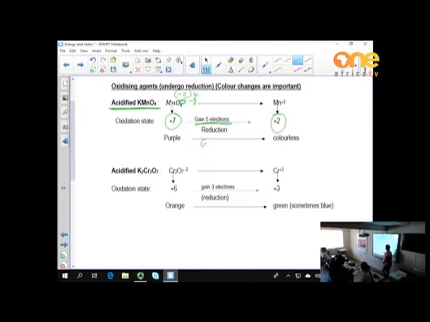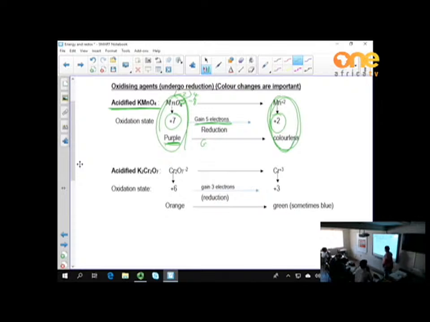The permanganate ion has a purple color, and the reduced manganese ion is colorless in solution. So if you have potassium permanganate, and for example you bubble a reducing agent through it, something like hydrogen sulfide, we will see there's a color change from a purple solution to a colorless solution. All right.